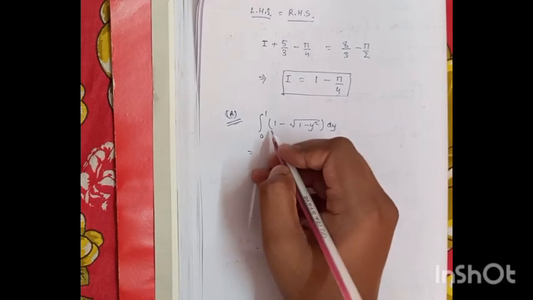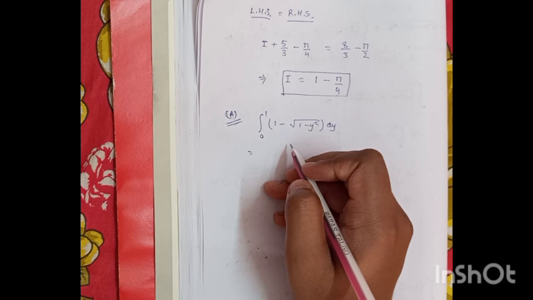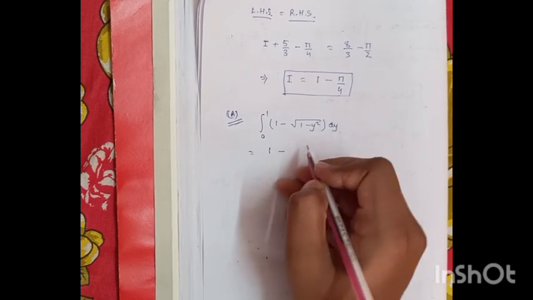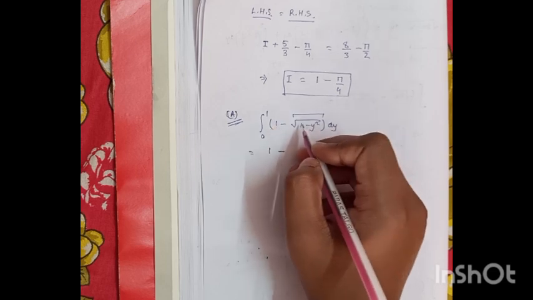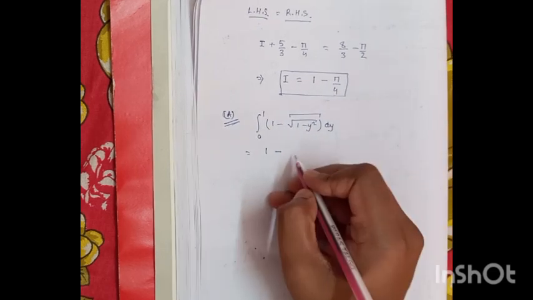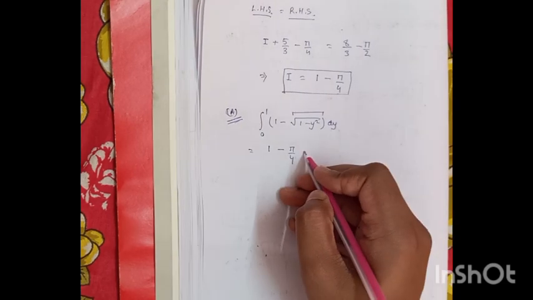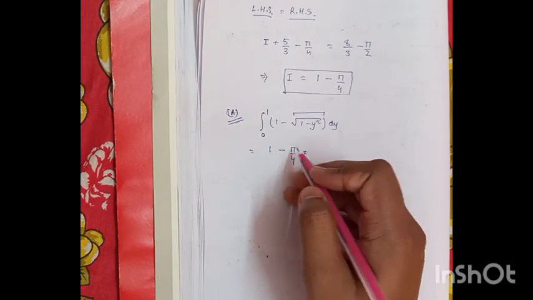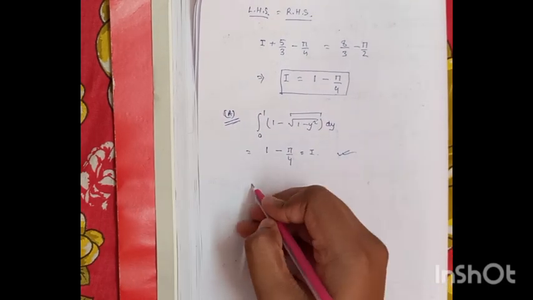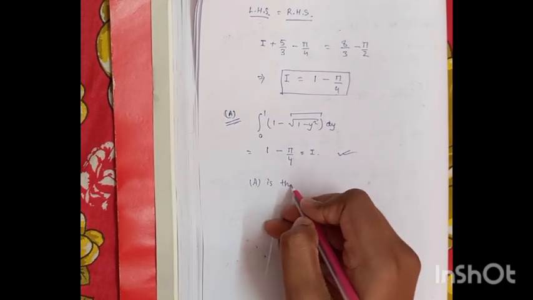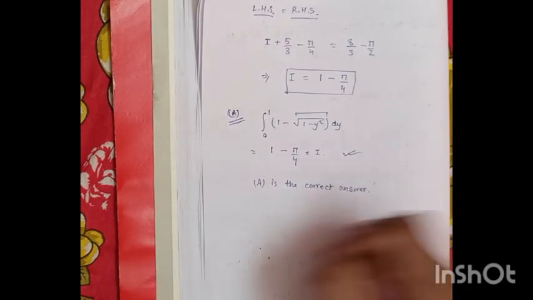As we can see here, the integral 0 to 1 dy will be simply 1 minus, and we already evaluated this part from 0 to 1 root over 1 minus y square dy. This is equal to pi by 4. So in option 1 the integral given equals the value of I. So this will be our answer. So A is the correct answer.